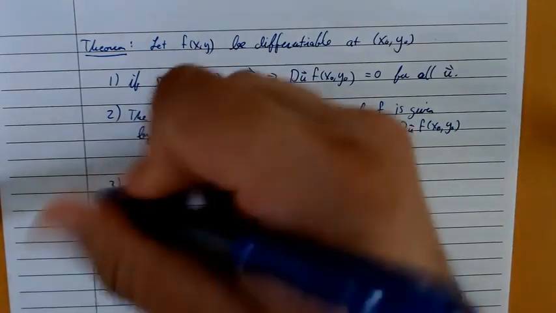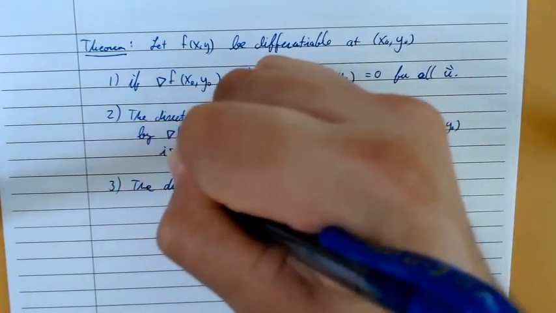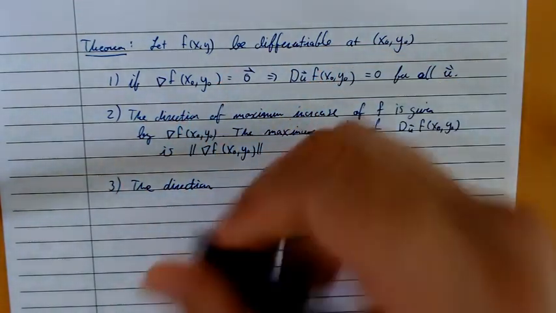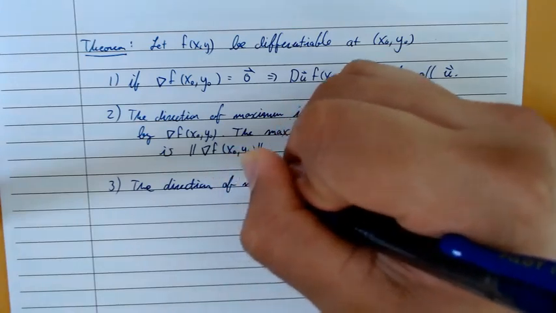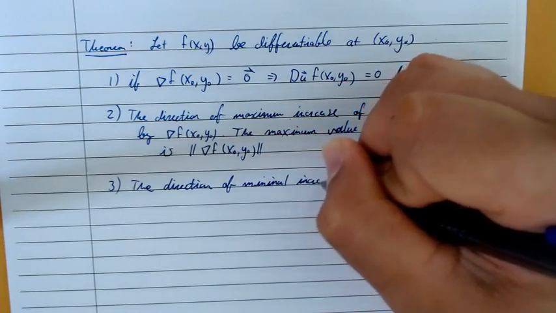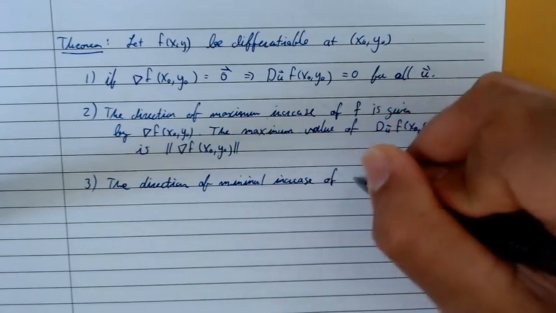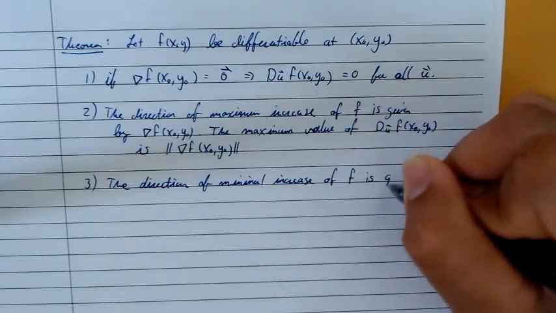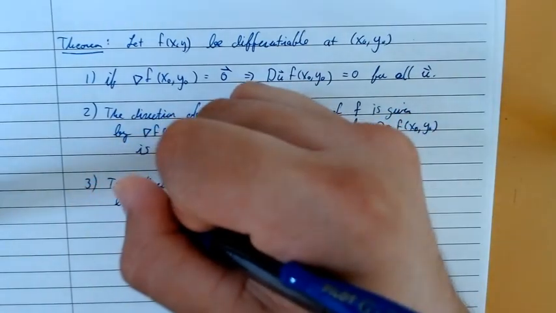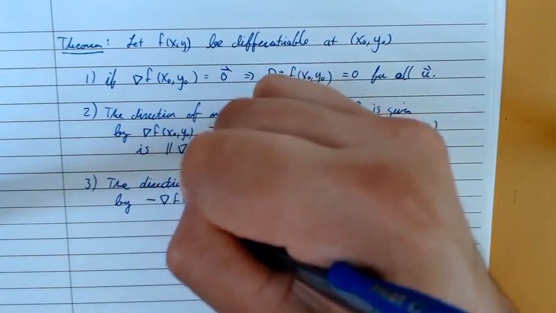Number 3. The direction of minimal increase of f is given by the negative of the gradient of f at x naught comma y naught.